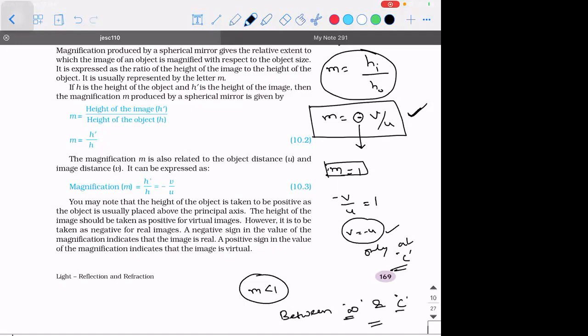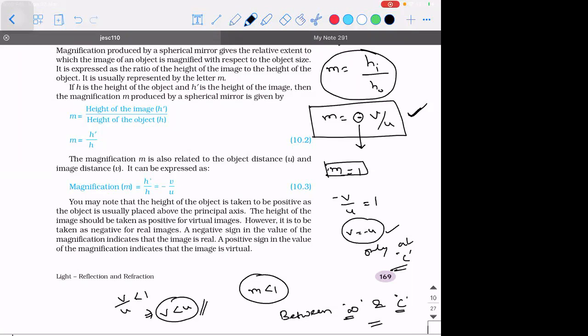How do we know that? Because when the object is far away, the image will be small. The final image will be smaller in size compared to the object. So v divided by u is less than 1, which implies the image distance is less than the object distance. Right?